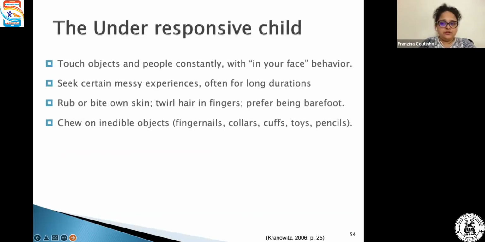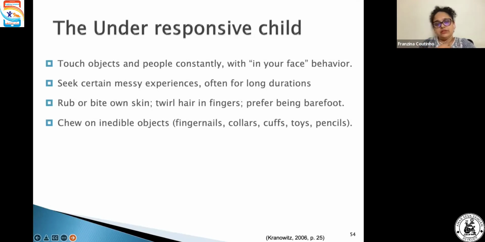They could have in-your-face behaviors where they're constantly doing things that seem rude. They love messy experiences very often and can play with it for a long time. They could be biting to get stimulation very often: biting cuticles, biting skin, biting hair, twirling hair, chewing on fingernails, collars.